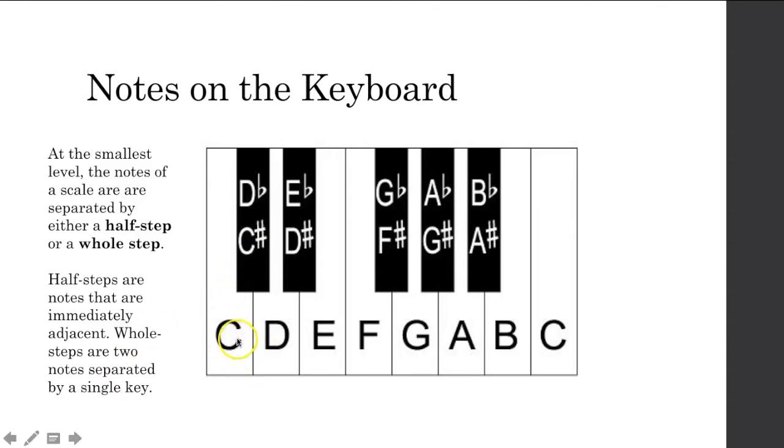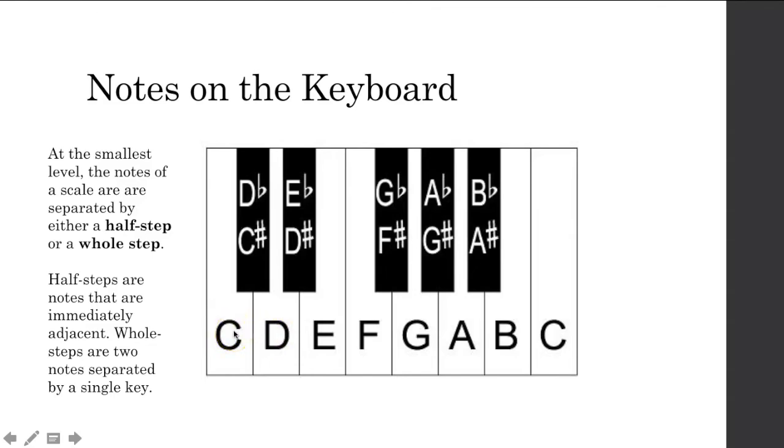So, a whole step is two notes, whereas a half step, C up to C sharp, is the closest possible note. So for example, a whole step sounds something like do, re, do, whereas a half step is do, di, do, versus the whole step.